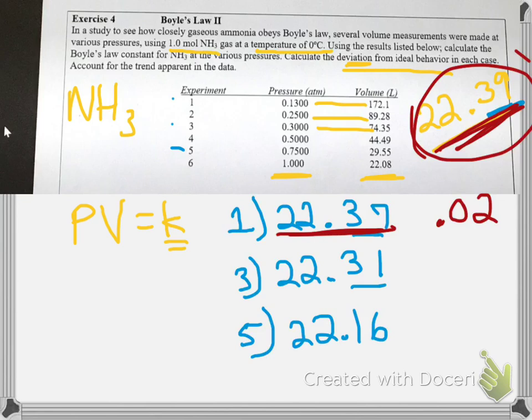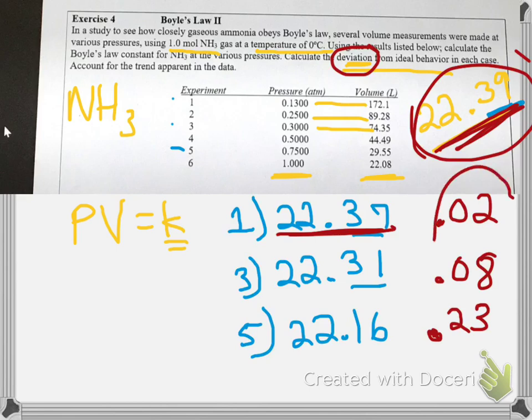Go ahead and find the deviation, that difference, in each case. Again, I've done this for you for experiment 1, 3, and 5, and I want you to notice what happens to the deviation as pressure is increasing. Well, my deviation is also increasing. 0.23 is a lot bigger than 0.02.